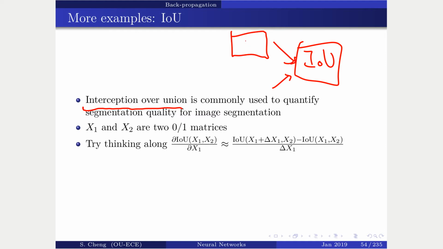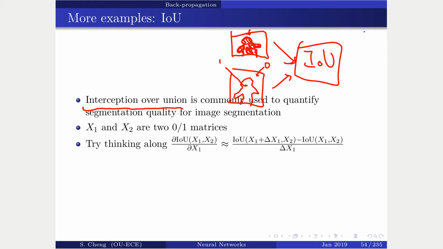Let's say I have some image, and a ground truth segmentation here. I want to segment this person out. So basically, on this person everywhere is 1, outside that is 0. Then this is the ground truth, and I have a classifier that figures out a similar segmentation but not exact. Again, inside is 1 and outside is 0.